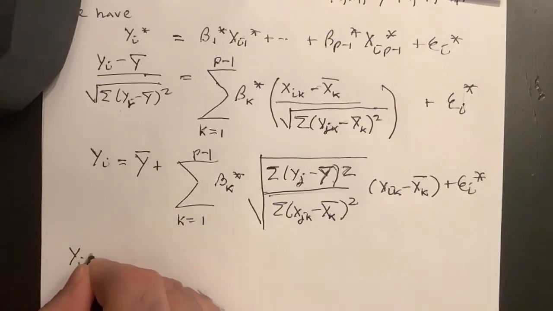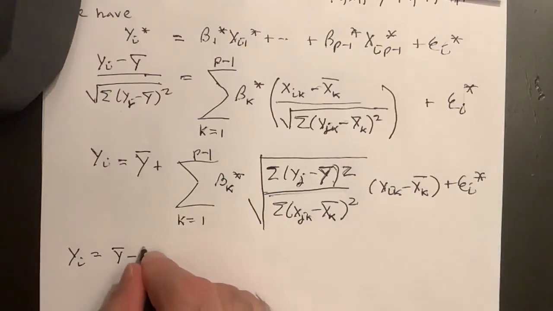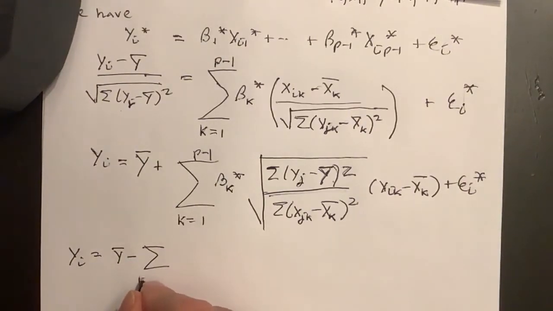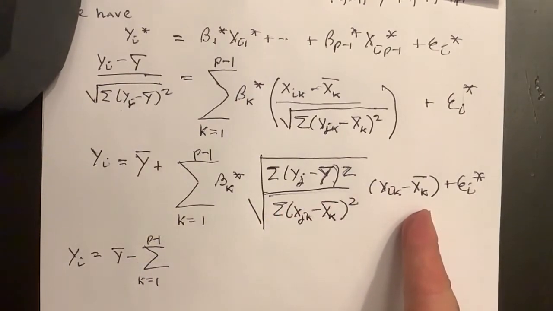I have yi equals y bar minus the summation k equals 1 to p minus 1. And we're taking the bar here.